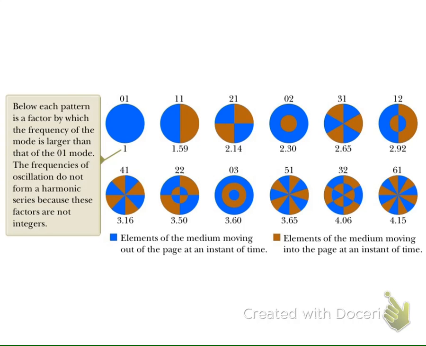You can also create the standing wave in 2 dimensions. This can happen in the drum because we disturb the surface of the drum, and with a suitable disturbance, we can have this standing wave.